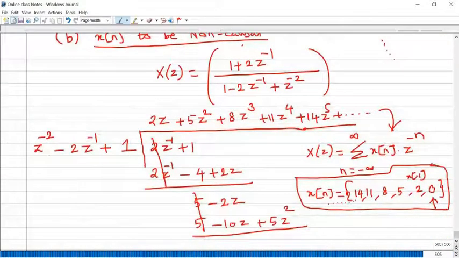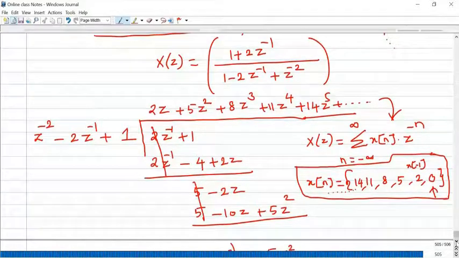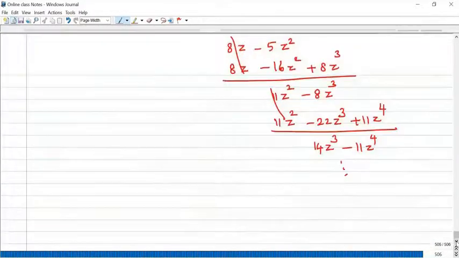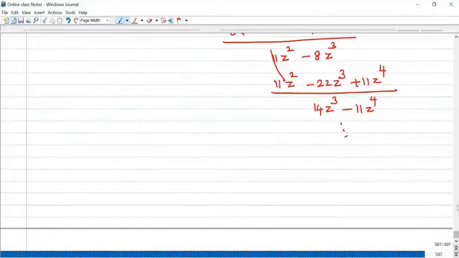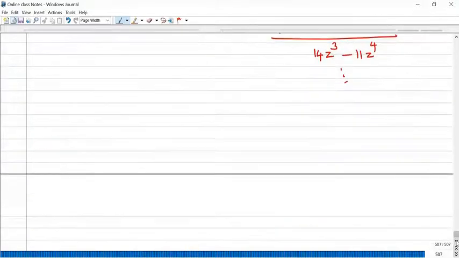You have to rearrange this equation in this order. Then if you compare the quotient with the standard formula, you will get the coefficients for x of minus 1, minus 2, minus 3 and so on. Okay. This is the first method of inverse Z transform.